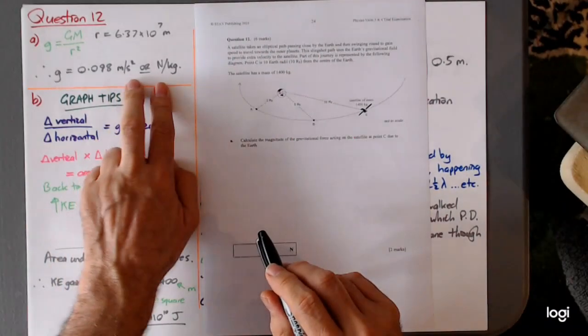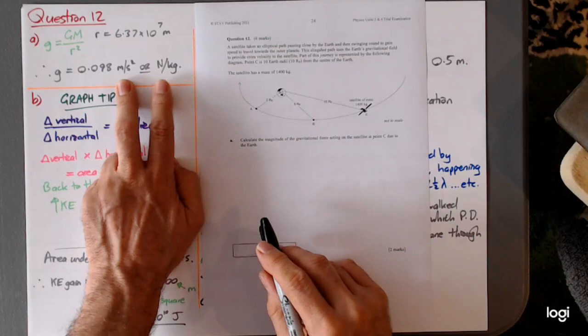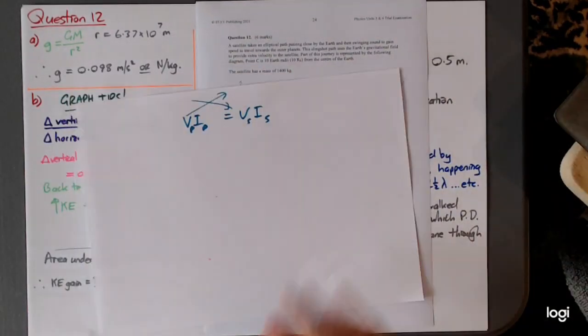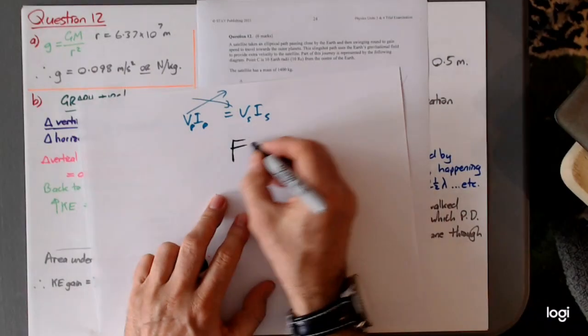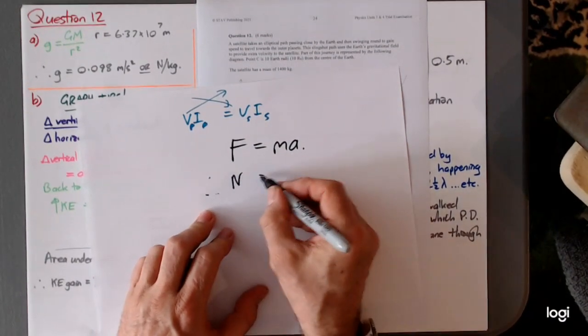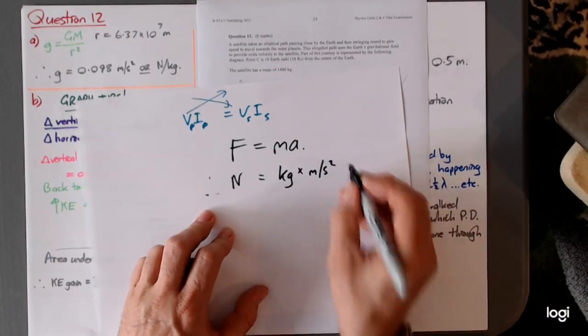Now, by the way, there are two different units for this: meters per second squared or newtons per kilogram. That is because a newton, F equals ma, right? Therefore, a newton equals a kilogram times meters per second squared.